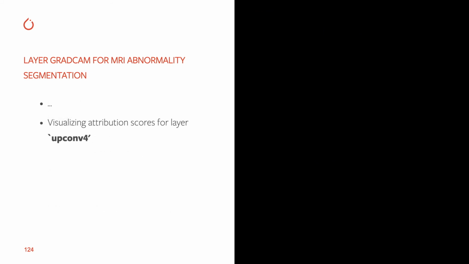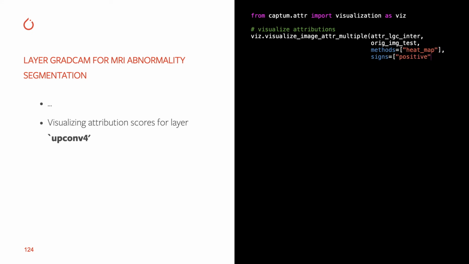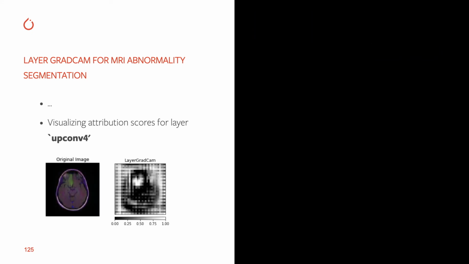After we interpolated the attribution scores and we have now output that has the same size as the image, we can visualize them using the same functions that we used for integrated gradients. On this slide, we can see what the upconv4 layer learned.